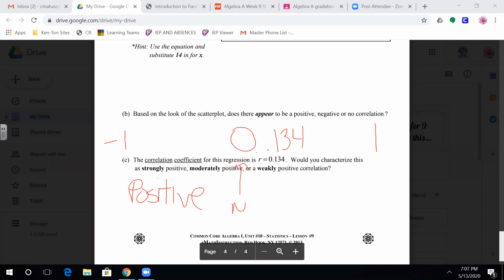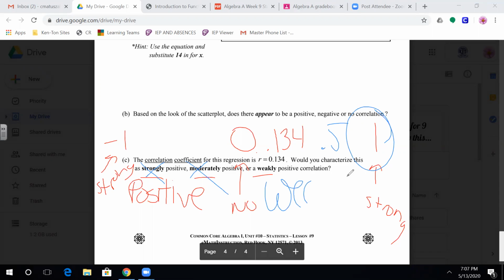Remember, 0 is no correlation, 1 is strong. The closer you get to 1 and -1, the stronger it is. So now you have to say if it's strong, moderate, or weak. Well, we're very far away from 1, so we can get rid of strong. Moderate, remember, is about 0.5 and above, and we're far away from 0.5, so I would say it's weak positive.